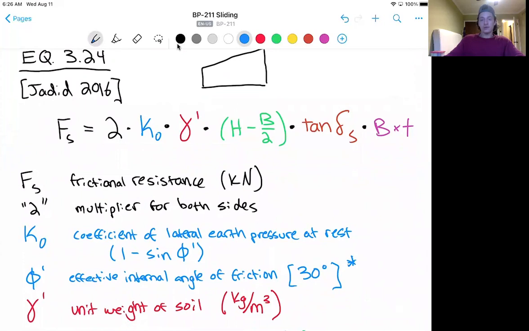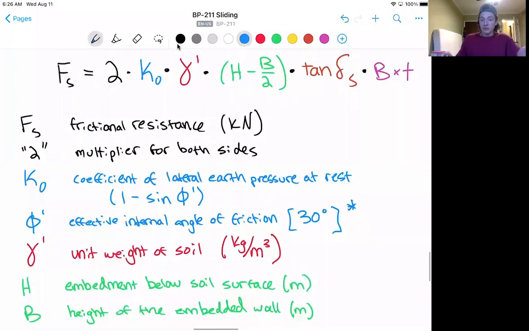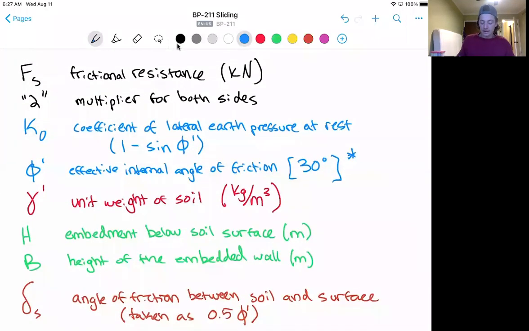Gamma prime is just the unit weight of soil that we've used throughout this course and throughout our suspended bridge design course. And H and B are geometric properties that we'll go into a little bit at the end of this lecture, but H is the embedment below the soil surface, and B is the height of the embedded wall. Delta sub S is the angle of friction between the soil and the surface.